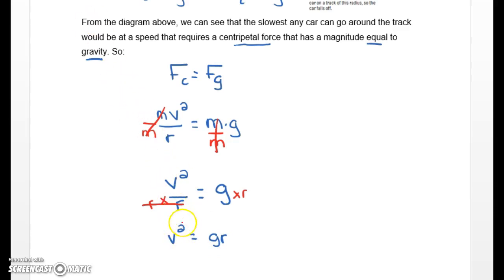Then we want just speed, so we have to get rid of this square. So we're going to square root both sides. So speed is equal to the square root of the acceleration due to gravity times your radius. And as I had mentioned, this one here is a formula on your departmental sheet, but it's also a very useful one when we're looking at speed in terms of circular motion in a vertical system.